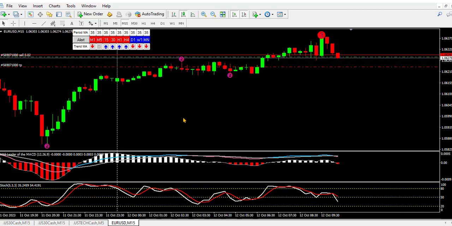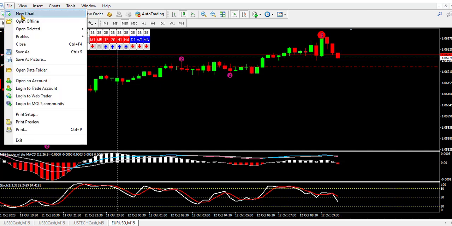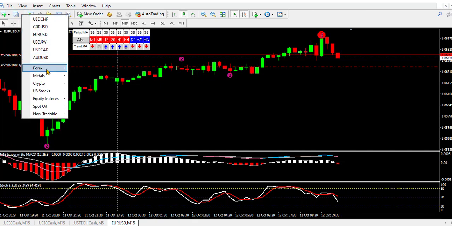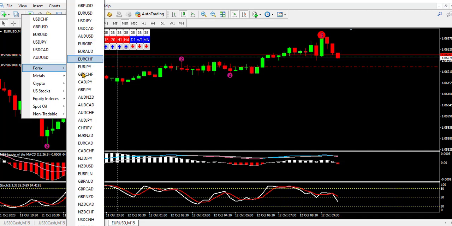This is how I use this particular strategy. Just follow me closely as I show you how to use this Forex indicator. This indicator or strategy can be used on any pair you want to trade. You can use it on Euro, Japanese yen, any pairs on Forex.